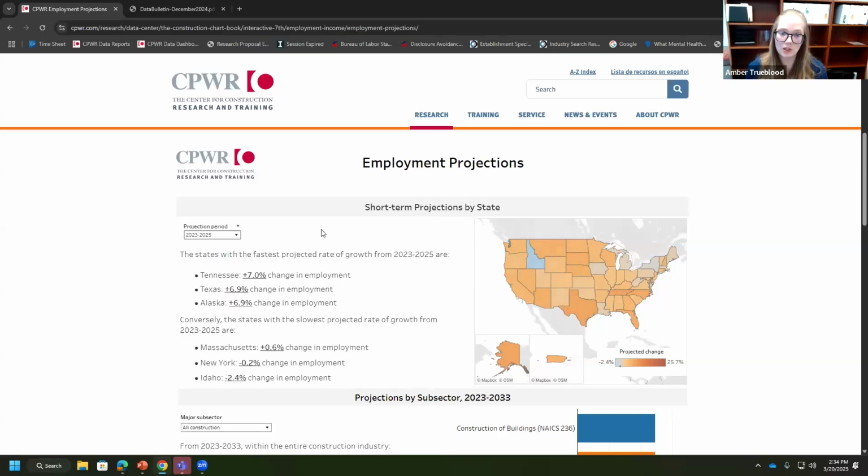But looking short-term, from 2023 to 2025, we see Tennessee, Texas, and Alaska are the three states with the fastest projected rate of growth at about 7% for all three. And then we do also see decreases in employment for New York and Idaho.